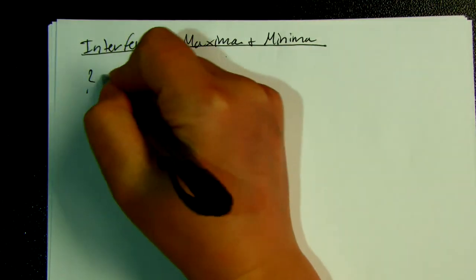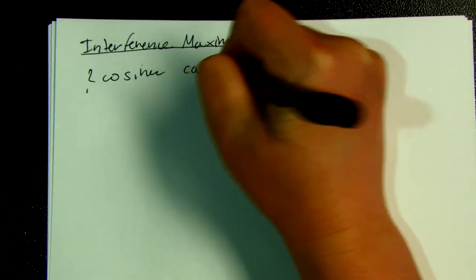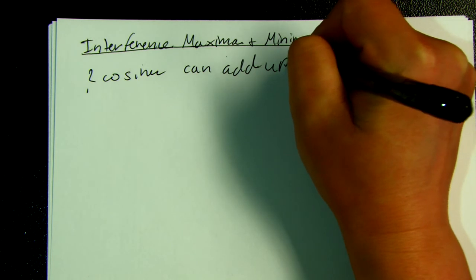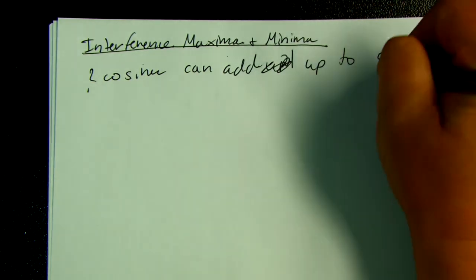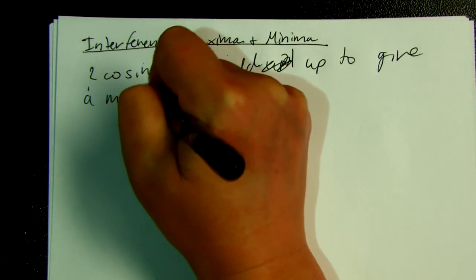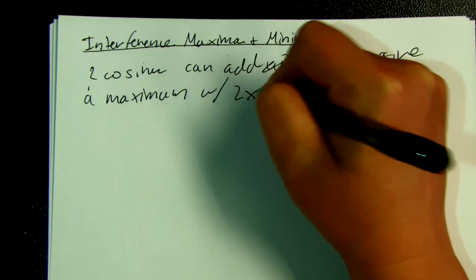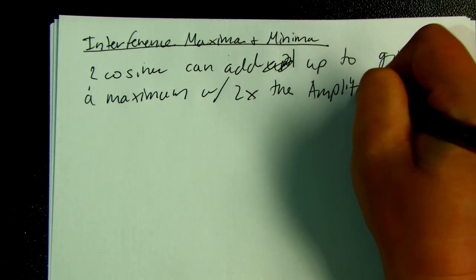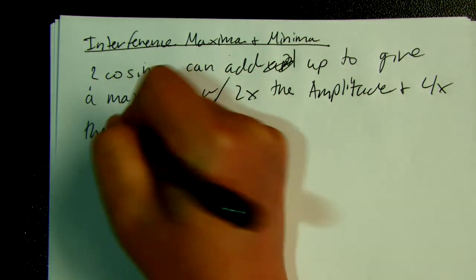So two cosines can add up to give a maximum with 2 times the amplitude and 4 times the intensity.